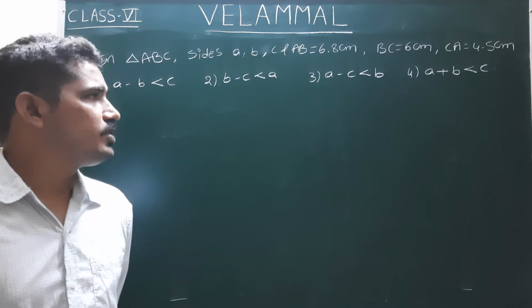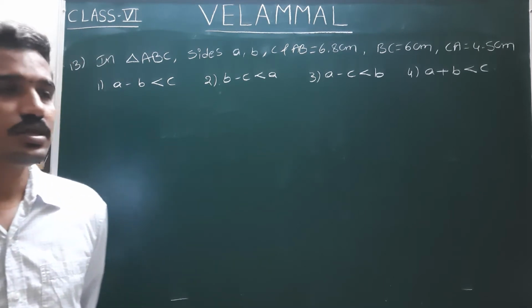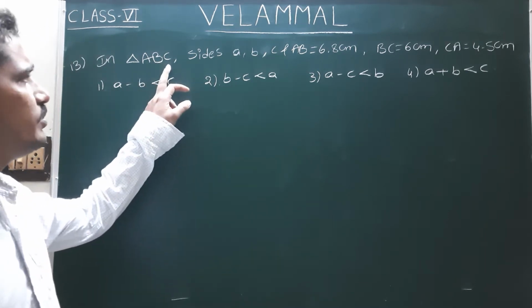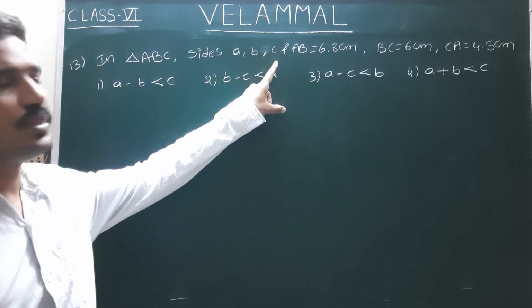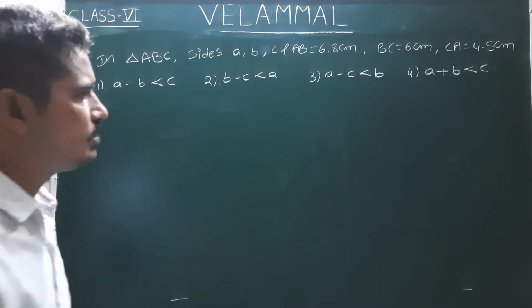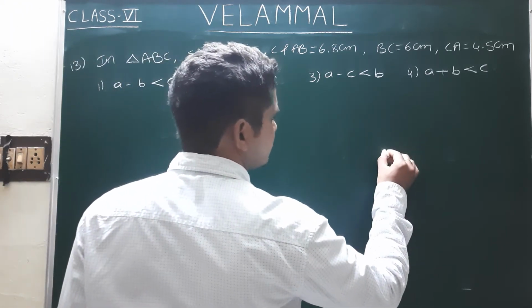In the earlier class we completed up to the 12th problem. Next we are discussing the 13th one. In a triangle ABC, the sides are a, b and c, and the measures are given. So triangle ABC is given.